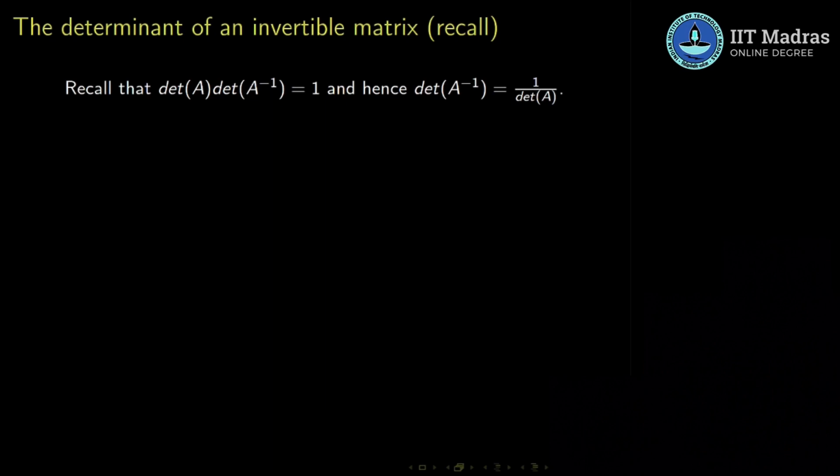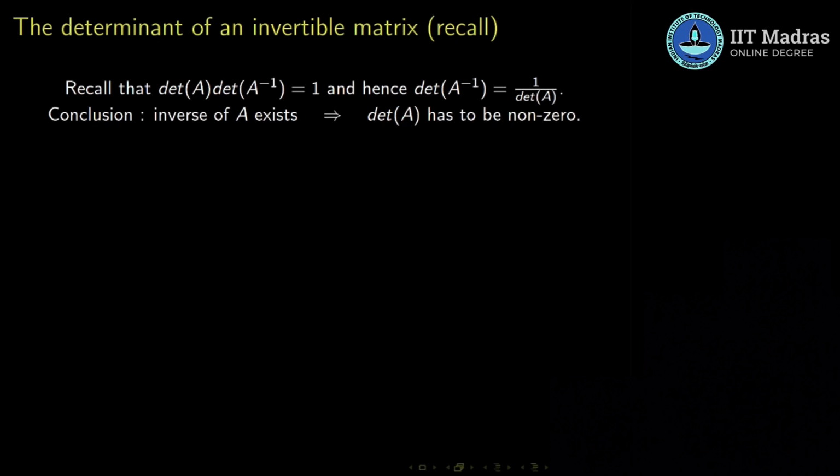So, that means determinant of A inverse times determinant of A is 1, and that means in particular that neither of them can be 0, they have to be non-zero, otherwise the product cannot be 1. 0 times anything is 0, as we know. Okay. So, this is a necessary condition for a matrix to be invertible.